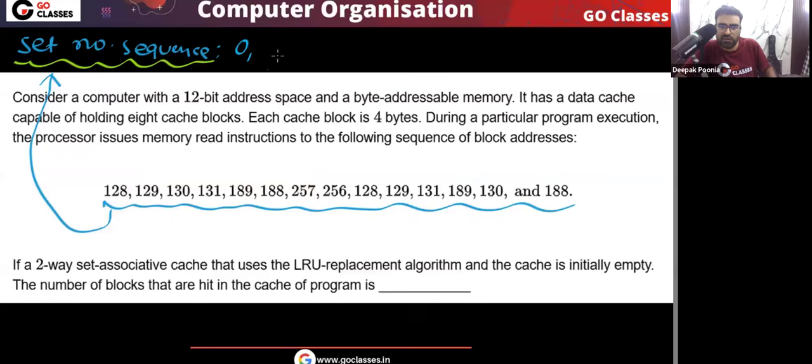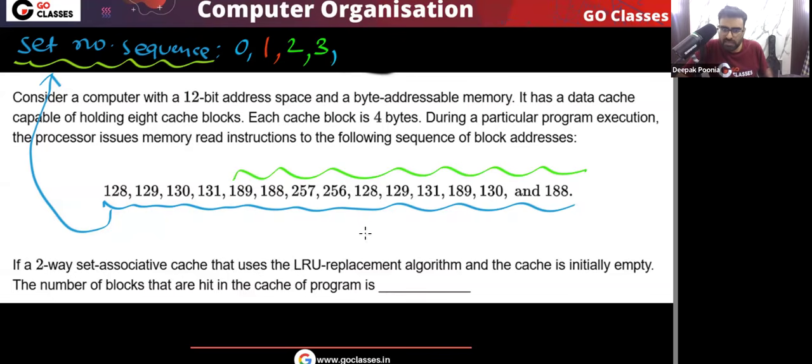Block 129 will map to set number 1, because when you divide 129 by 4, the remainder is 1. When you divide 130 by 4, the remainder is 2. When you divide 131 by 4, the remainder is 3. For the remaining block numbers, you just divide them by 4 and find the remainder. That will be the corresponding set number to which these blocks will map.